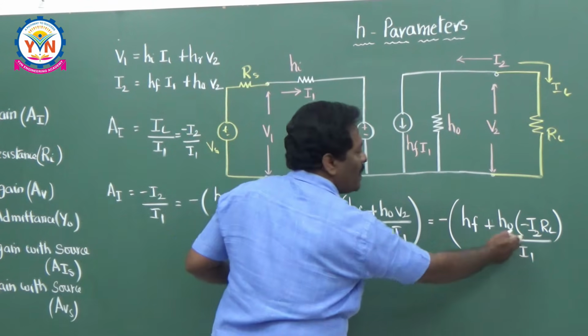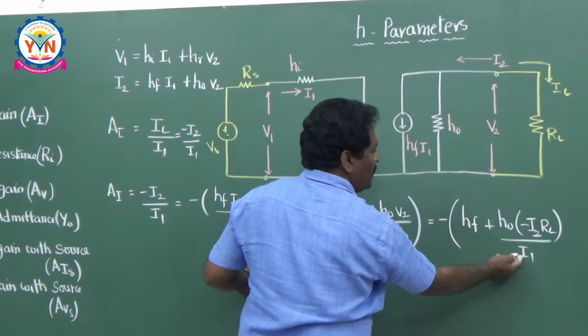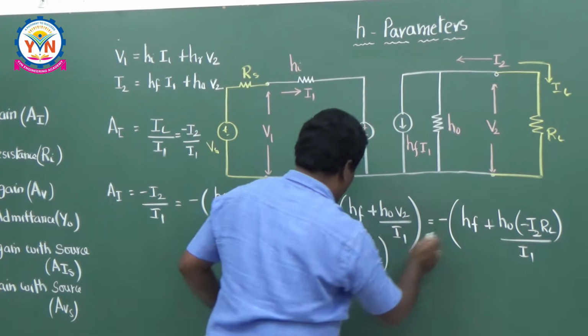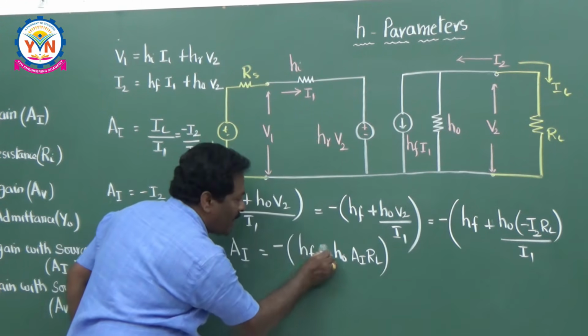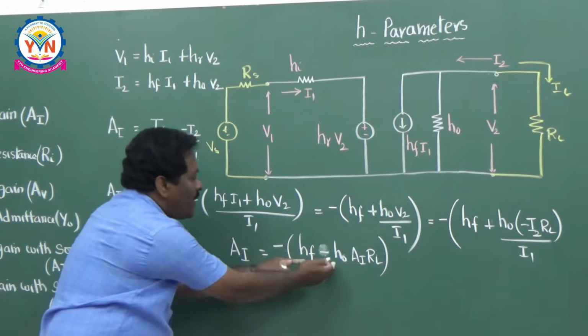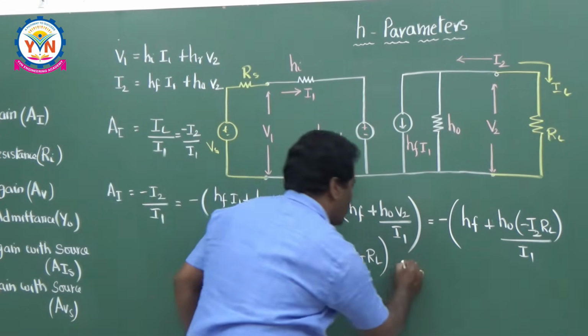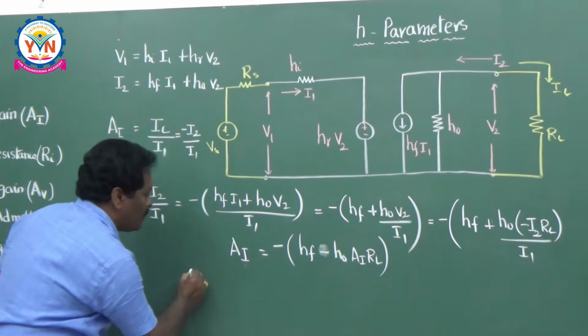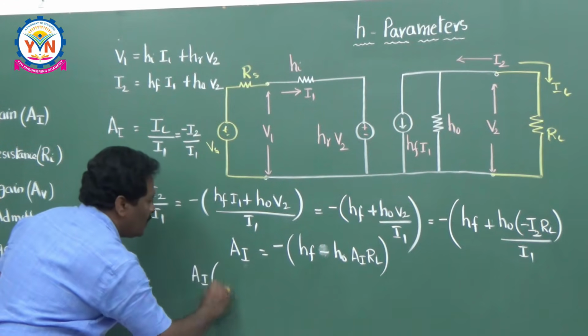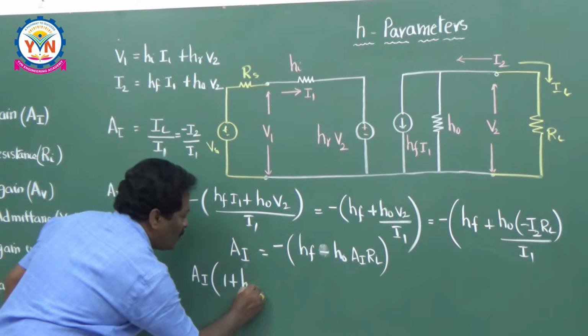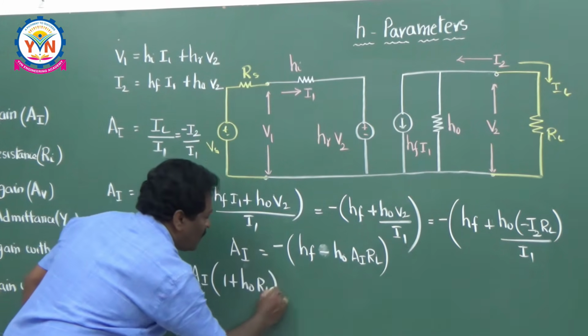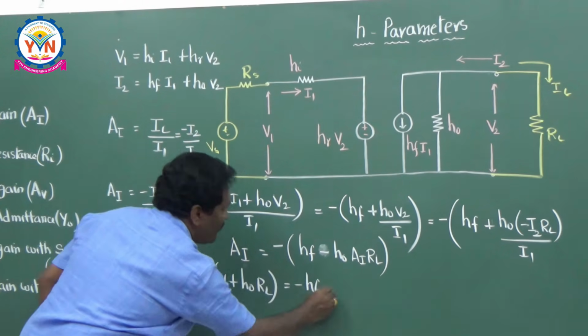Here you see minus I2 by I1, so this minus also will be there. So if you take this one, that is equal to AI into 1 plus HO into RL is equal to minus HF.